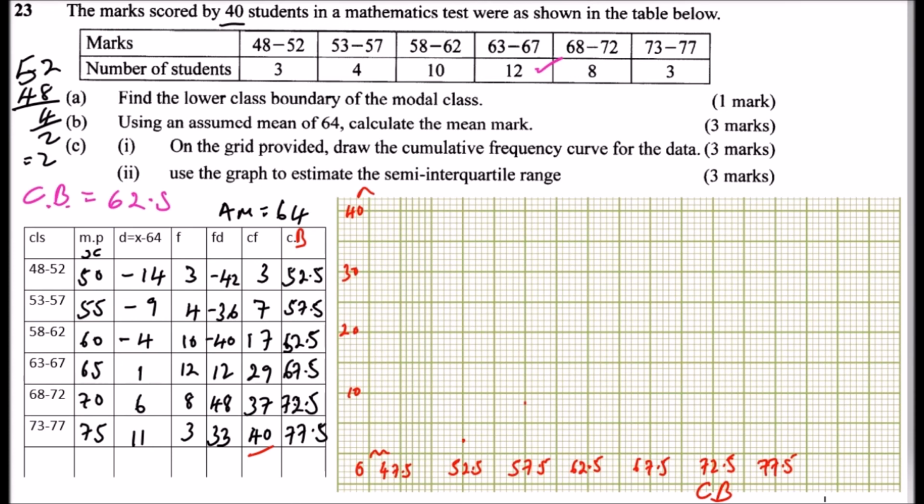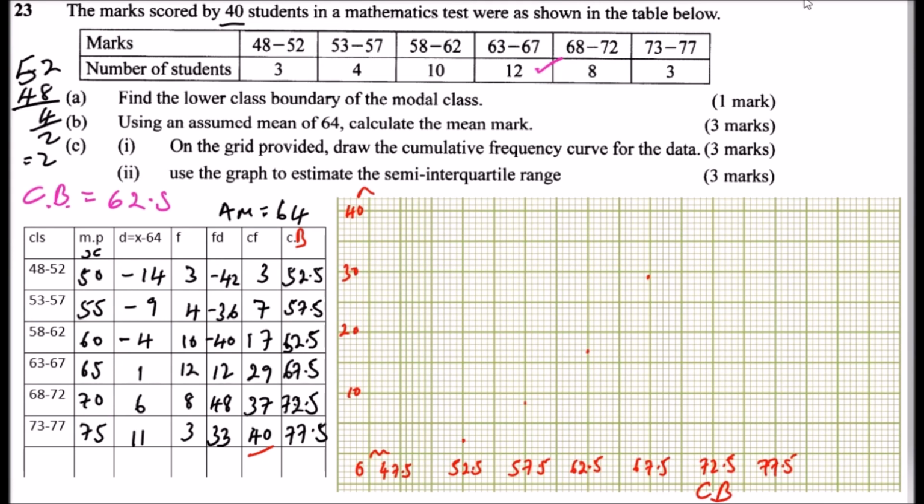So 17 is there. Then at 67.5 we have 29. So this is 29. Then we have 72.5. We have 37.